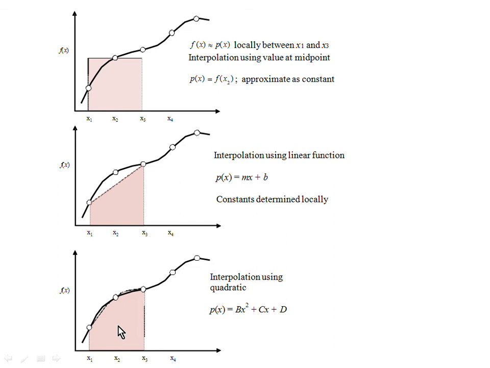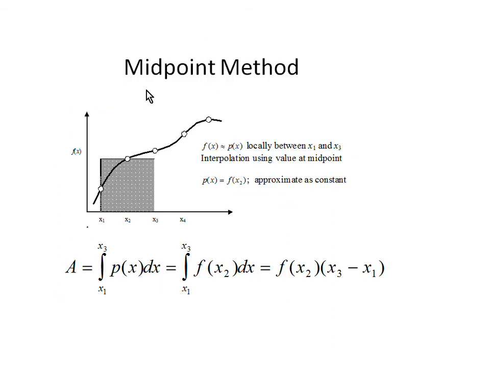And perhaps a better way would be to approximate it using a quadratic function that looks like this. That would allow us to have a function that approximates the black function that has some curvature to it. And you can see this pink function, or this pink area, probably would be a better approximation of the area under the black curve. These three different approximating functions will form the basis for the different numerical integration techniques.